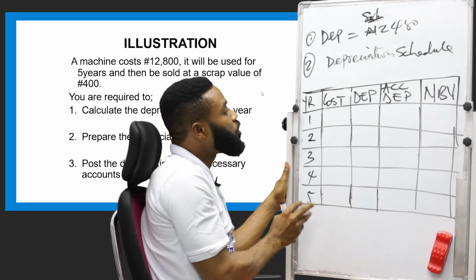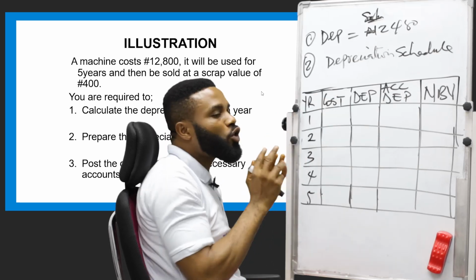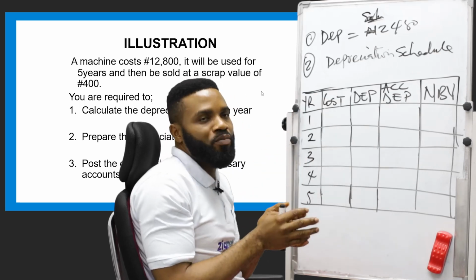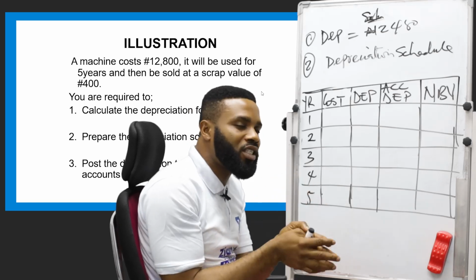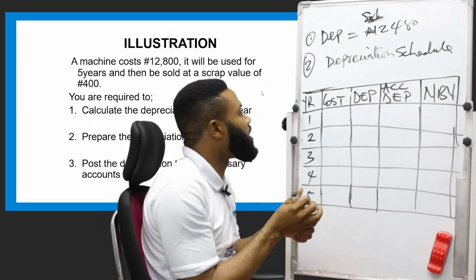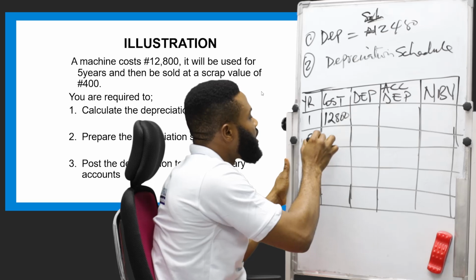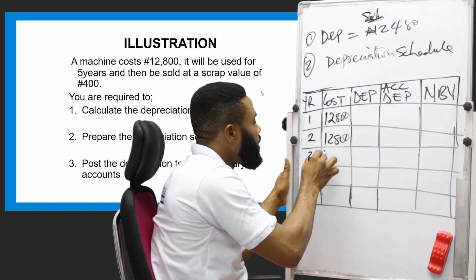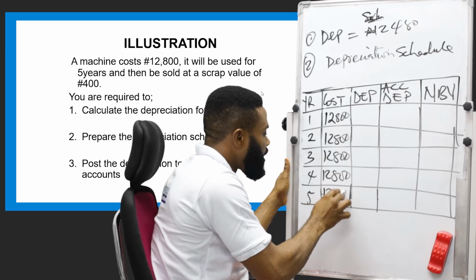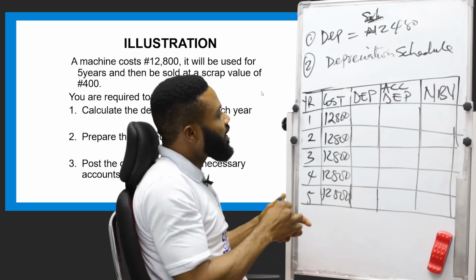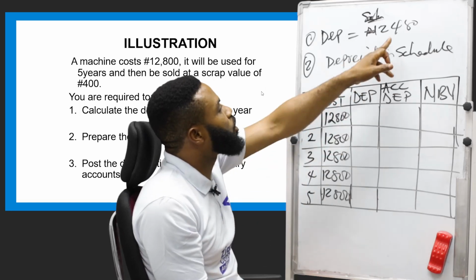But since it's going to be just 5 years, that's why we are having from 1 to 5. And then the cost of the asset cannot change, because the cost at which you bought the asset must always be the same. So you come here and write the cost of the asset, 12,800, 12,800, 12,800, 12,800, 12,800. That is the cost. And then the depreciation is, we have calculated it and we said it is what?